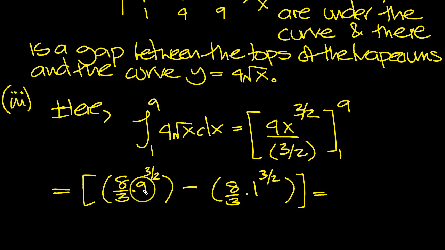So what do we get? Well, 9 to the half is 3, and 3 cubed is 27. 27 over 3 is 9, so 9 times 8 is 72. Tap it in the calculator if you need to, and this is minus 8/3.